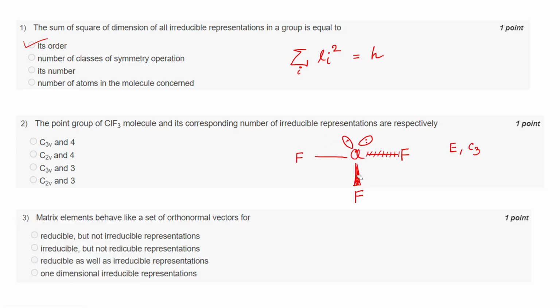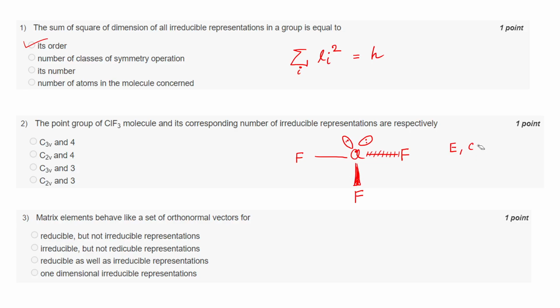I'm sorry. The thing is, it doesn't have C3. Why do you say it doesn't have C3? It's like a seesaw, the F to F like a seesaw. Yes, seesaw, because of the lone pairs it cannot have C3.